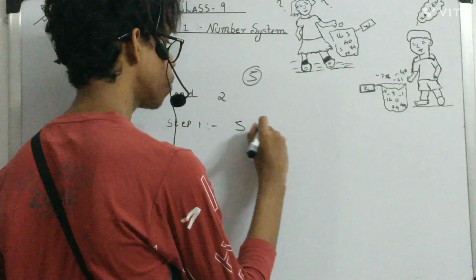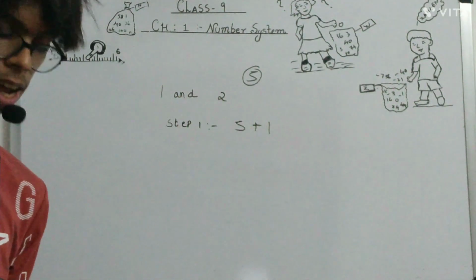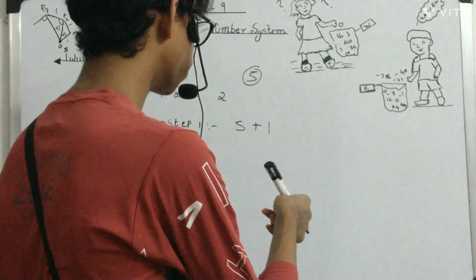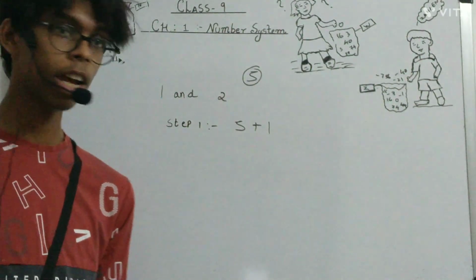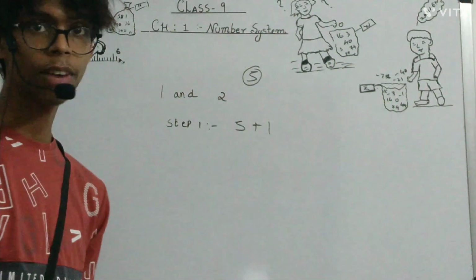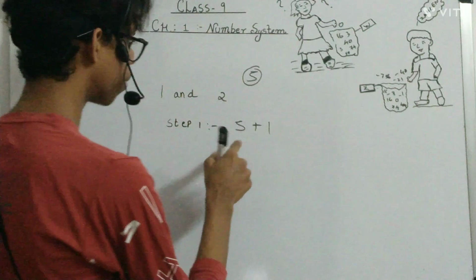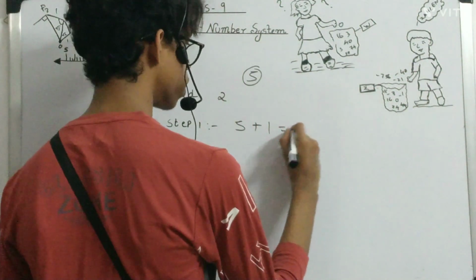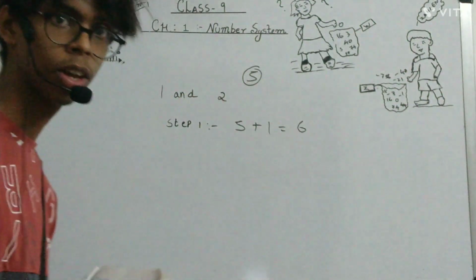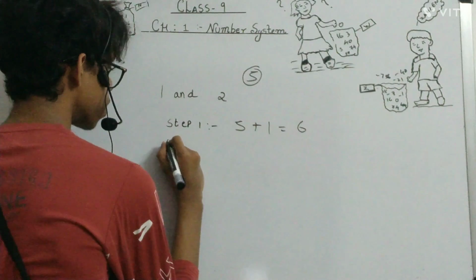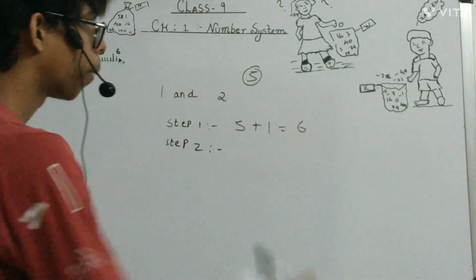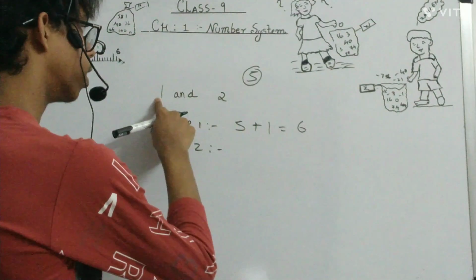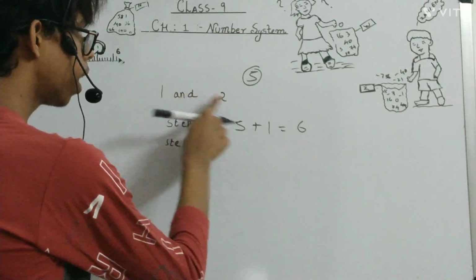So I am writing 5 plus 1. If they had asked you 6 rational numbers, then you should have done 6 plus 1. If they had asked you 7 rational numbers, then you should have done 7 plus 1. That is your step number 1. So 5 plus 1 is equal to 6. Now, step number 2 is to multiply and divide this 6 with this 1 and 2.